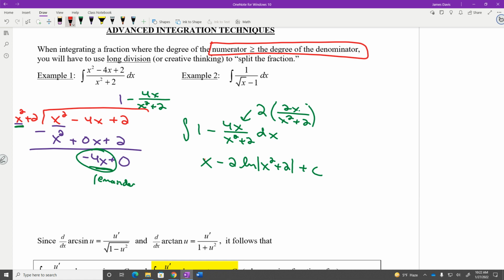And it doesn't hurt to just take that derivative and make sure it equals what we started with. You take this derivative, get that to be 1. This would be minus 2 times 1 over x squared plus 2 times 2x. That should be 1 minus 4x.